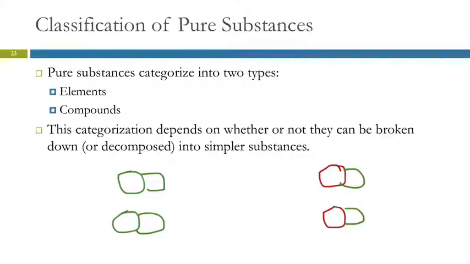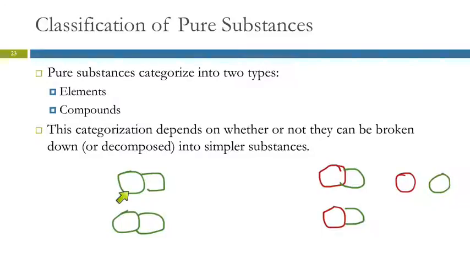I could. If I took that apart, I'd end up with a green one and a red one. And those are different. So this is not an element. This is a compound. It can be decomposed into simpler substances.